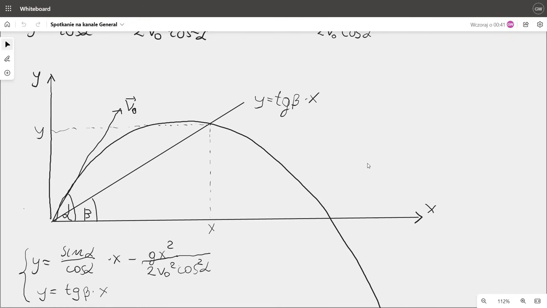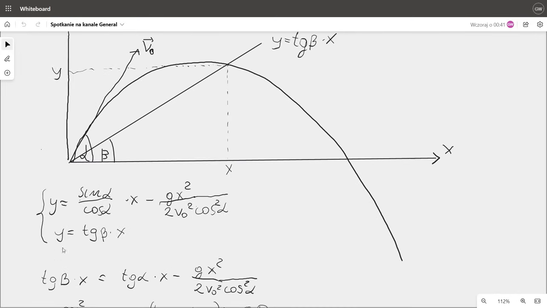So, equation of the hill is y equals tangent beta times x. You have it here too.